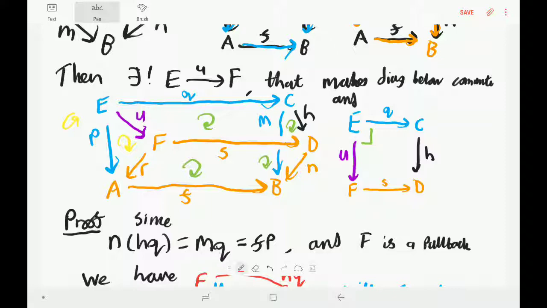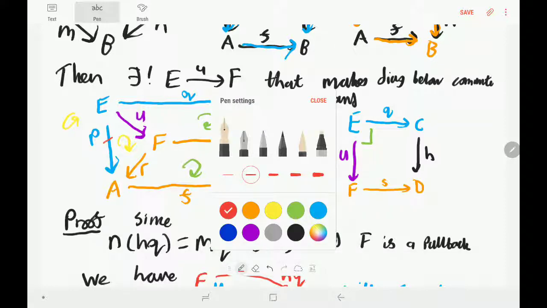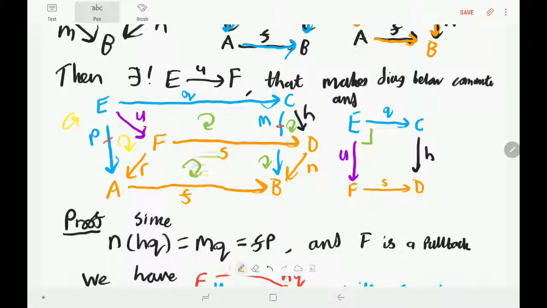Sorry, what I'm saying is, imagine snipping off P and M. Then we know that this right square is a pullback.